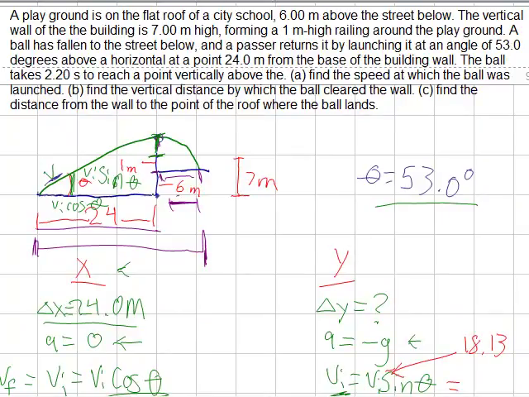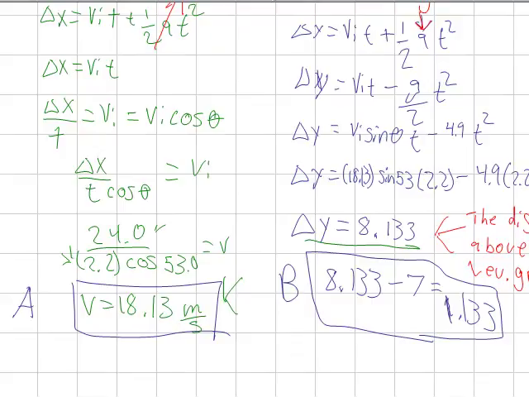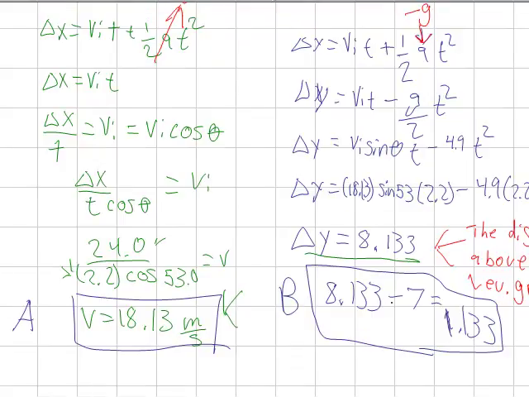We know that this is 7 meters, and we found this, so we will subtract that. So our answer minus 7 gives us the answer, which is 1.133 meters.